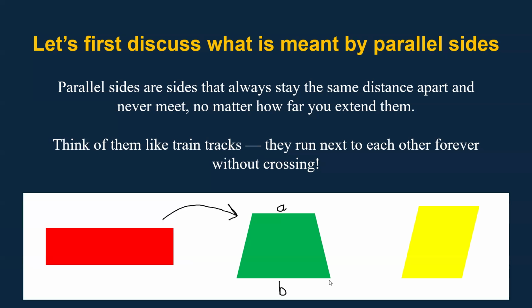If we were to imagine drawing a straight line on side A and a straight line on side B, it's clear that it wouldn't matter how far those lines extended, they would never meet. The distance between them remains consistent. So it definitely has one pair of parallel sides. However, let's call this side C and this side D. You should be able to notice that those sides are not parallel because I'm going to draw a line.